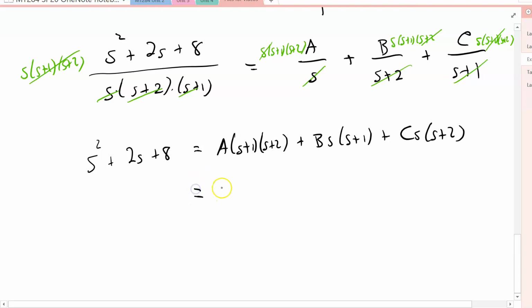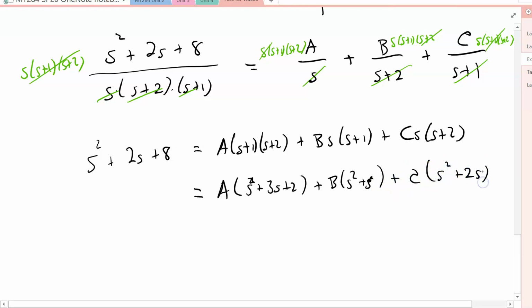Alright, so multiplying out on the right side, we get a times, multiplying out that binomial, s squared plus, combining like terms, 2s and s, which gives us 3s, plus 2. Distributing the s through, it's going to be b times (s squared plus s). And multiplying the s through for the c term, it'll be c times (s squared plus 2s). Now next we're going to distribute the coefficients through everywhere and keep rewriting this.